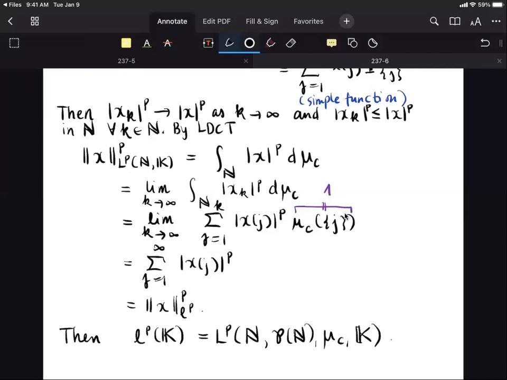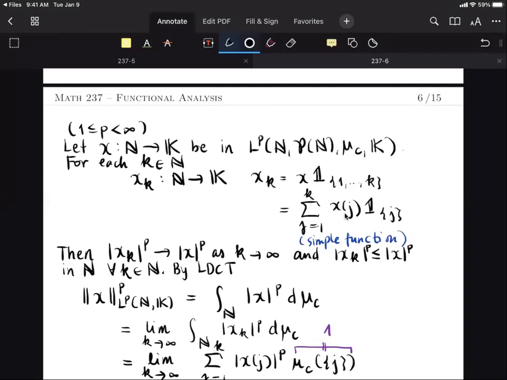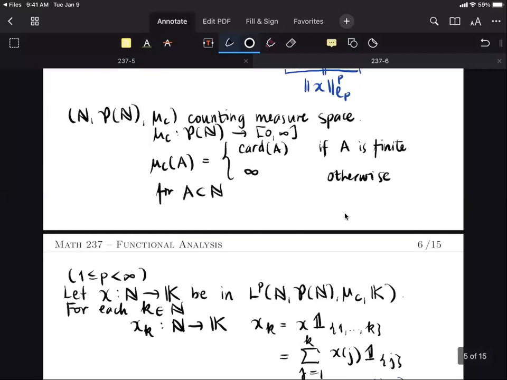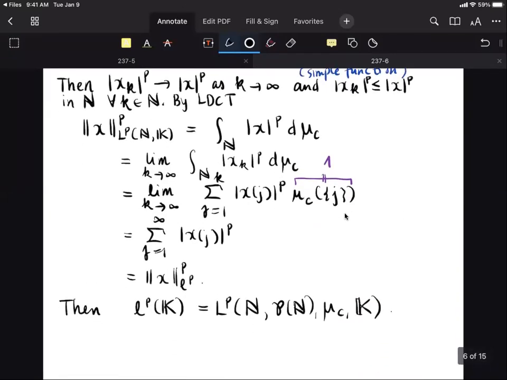So one can also establish this in the case when p is equal to infinity. Take note that essential boundedness is equivalent to boundedness, since the only set having measure 0, or the only null set in this case, is the empty set. So essential boundedness is the same as boundedness, and you get the same in the case when p is equal to infinity.